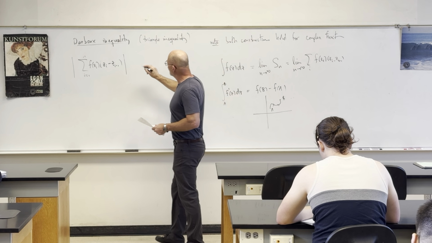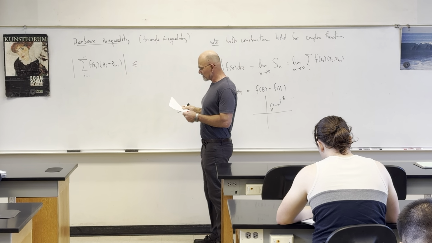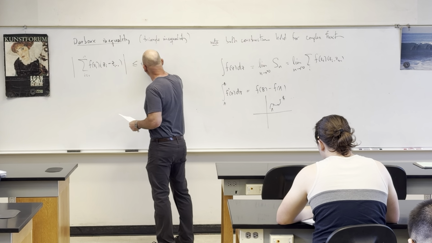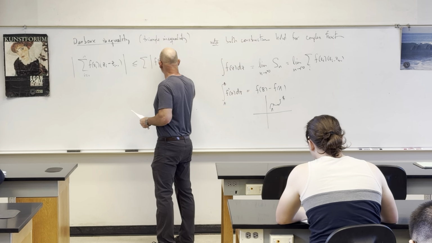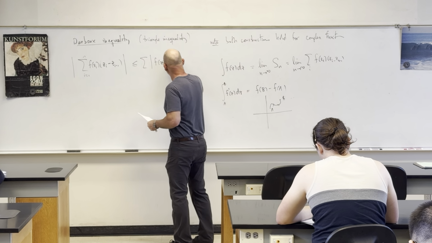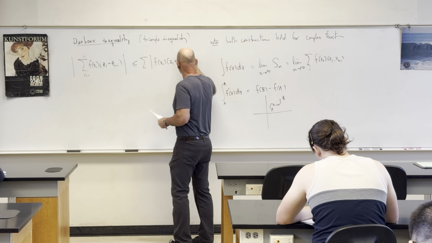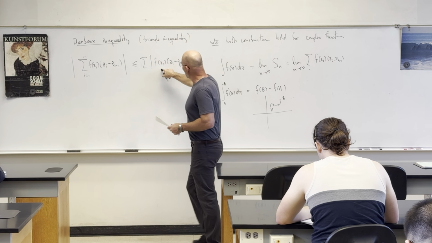So just by the rules of products of complex numbers, we could bring this inequality inside the sum, of the magnitude of f of z_i times the magnitude of z_i minus z_{i-1}. Okay, so we've got an inequality there, and we can do it for the products of these.